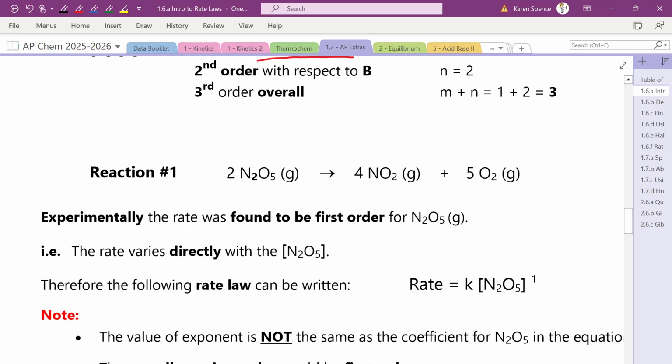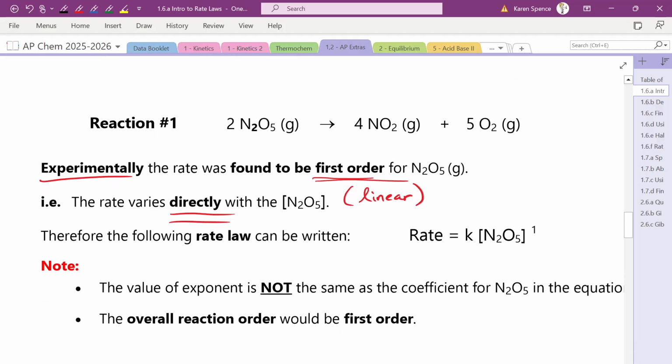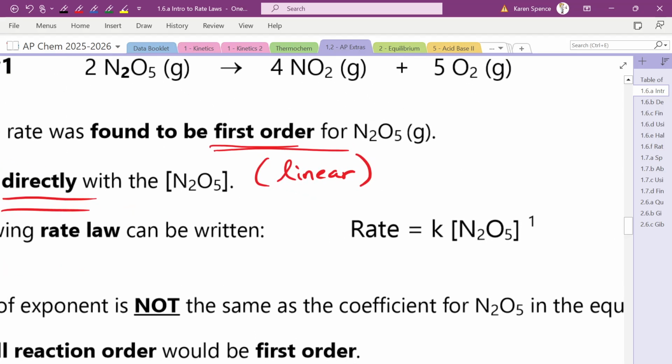So here is reaction 1. Experimentally, the rate was found to be first order for N2O5. The rate varies directly with N2O5. That means it's going to be linear. And we can write the following rate law. Remember, rate law, you always have 3 things.